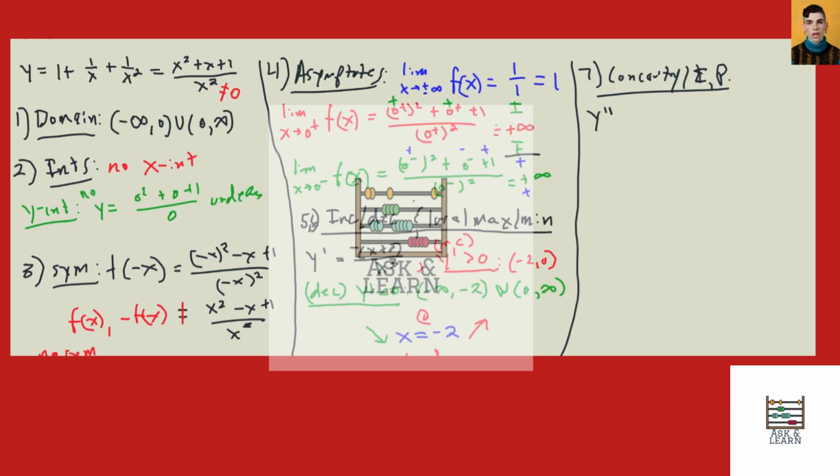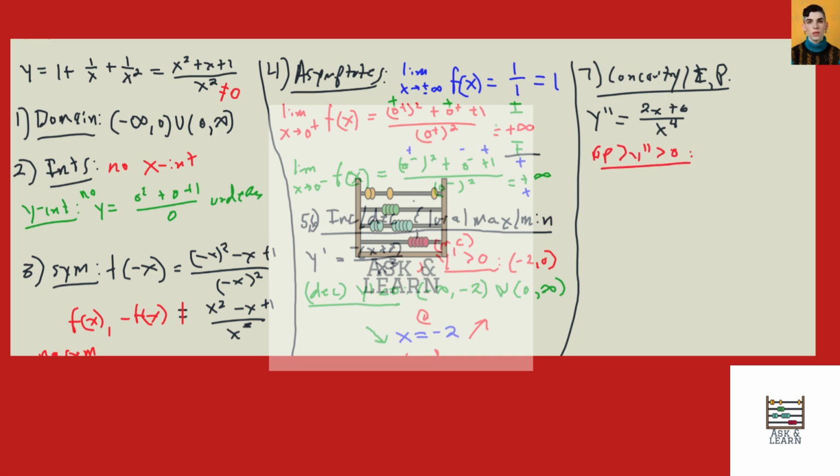All right, so let's go ahead and write our second derivative, which should be 2x plus 6 over x to the 4th. Now, this is going to be concave up when y double prime is strictly larger than 0.